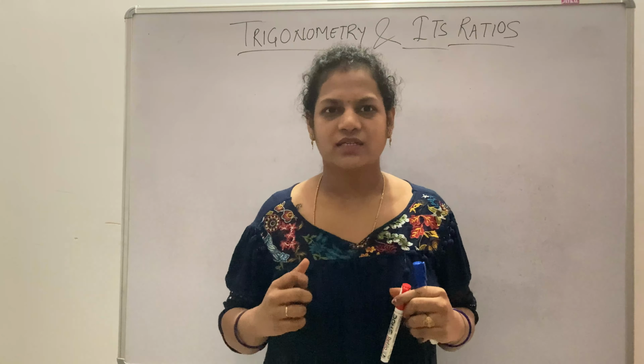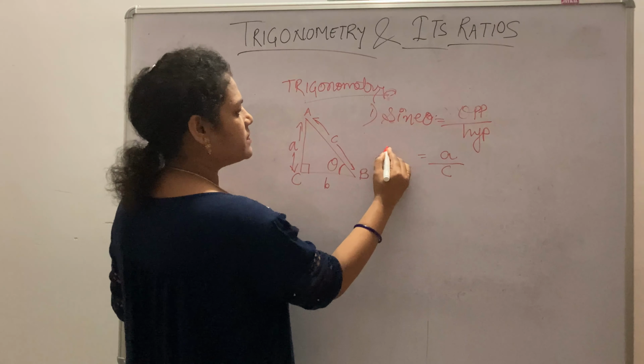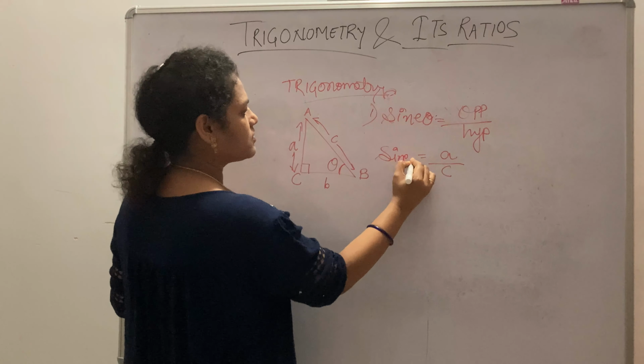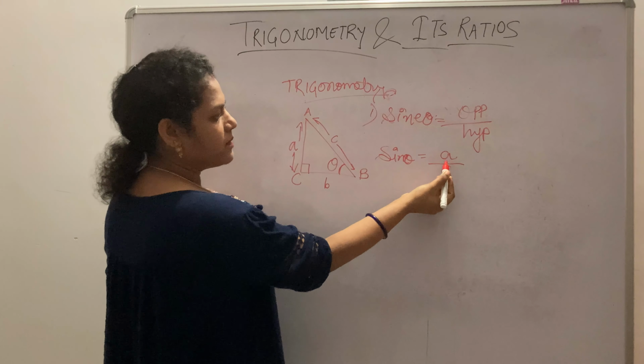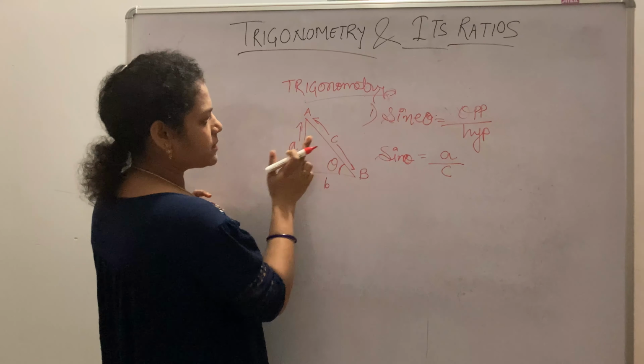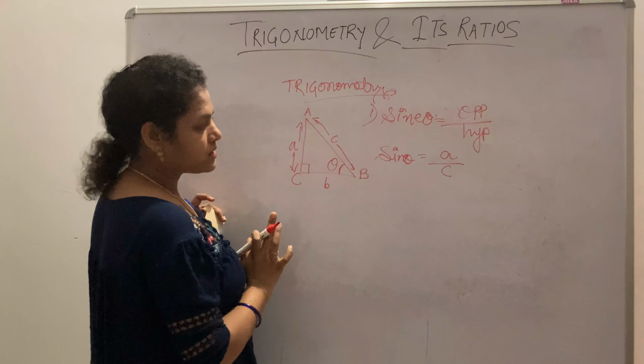My side A. And hypotenuse means the longest side of the right angle triangle. What is my longest side here? C. So sine theta I will write as A by C, which means opposite upon hypotenuse.